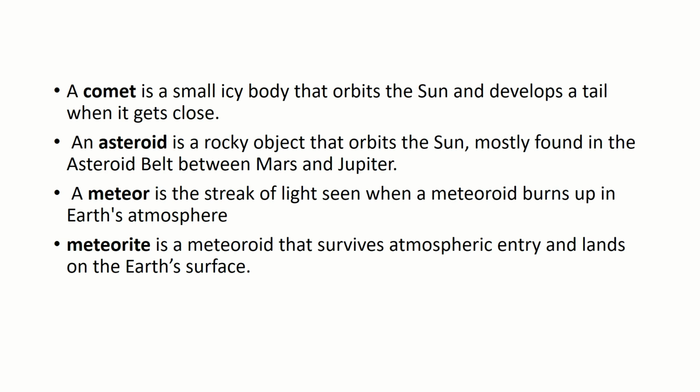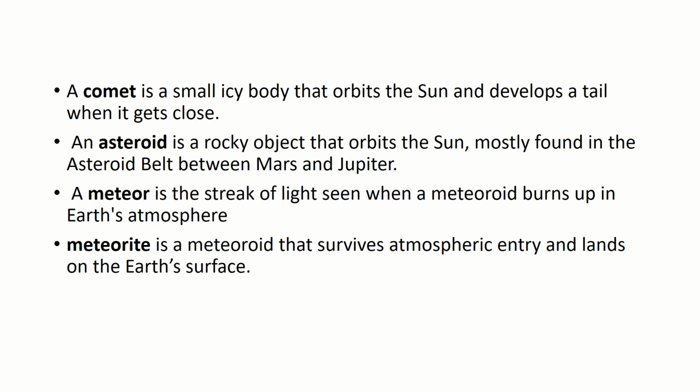That is a comet. And what is an asteroid? It's a rocky object that orbits the sun, and it's mostly found in the asteroid belt between Mars and Jupiter. And a meteor is the streak of light that is seen when a meteoroid burns up in Earth's atmosphere. And the meteorite is a meteoroid that survives atmospheric entry and lands on the Earth's surface.